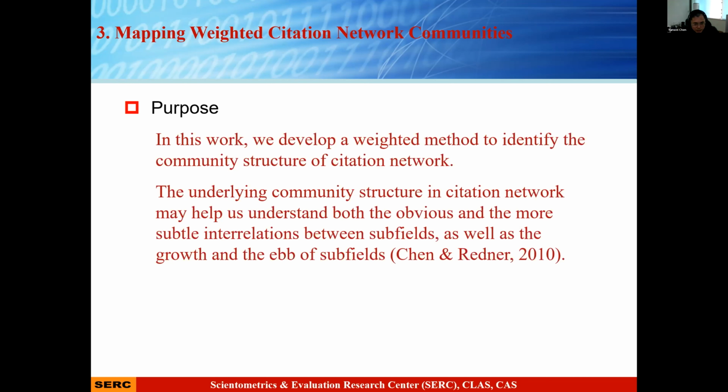So to show the different algorithms, we compare weighted citation networks to the original citation networks, using this mapping method to show the move of some key nodes from one group to another.